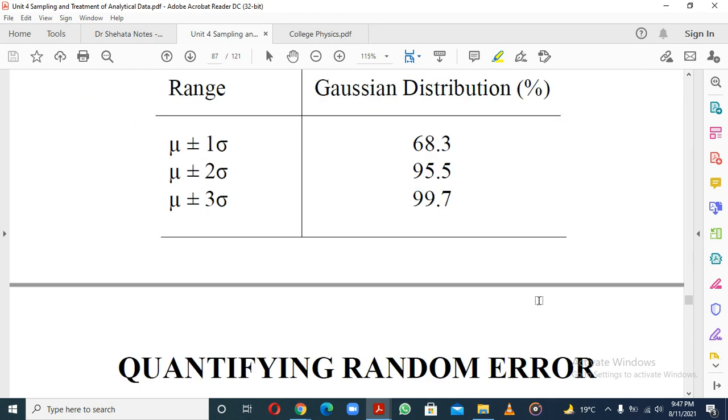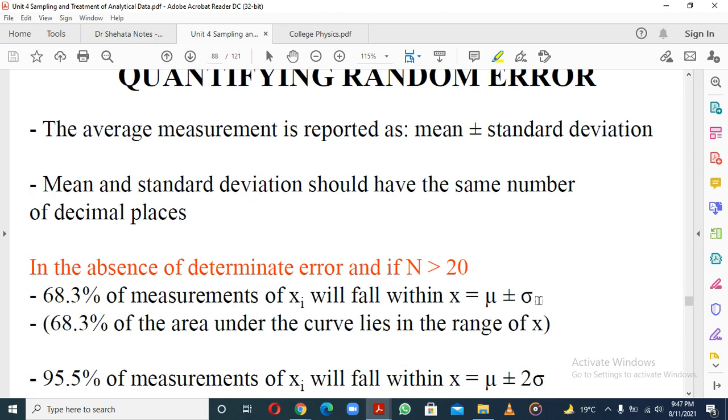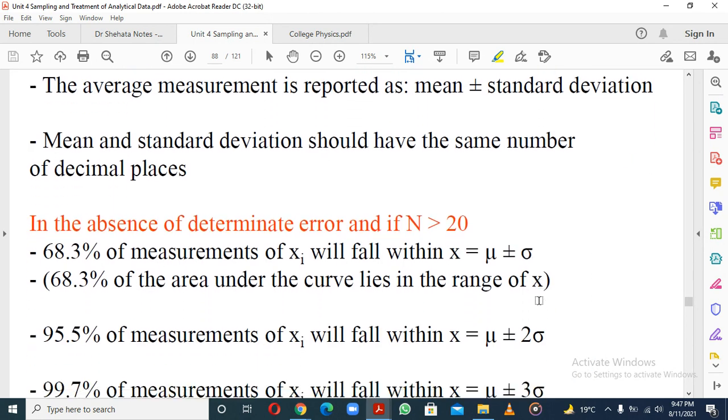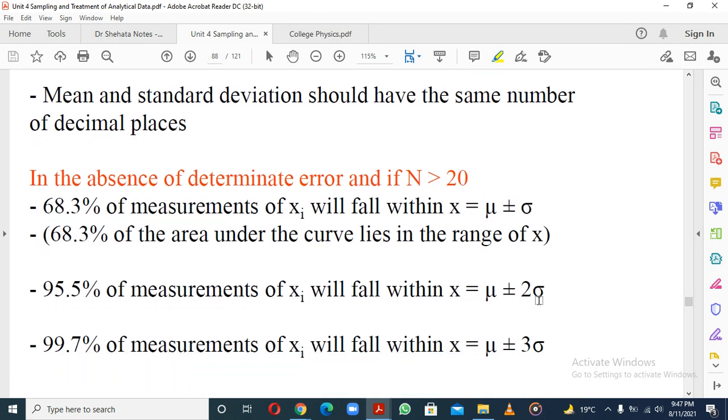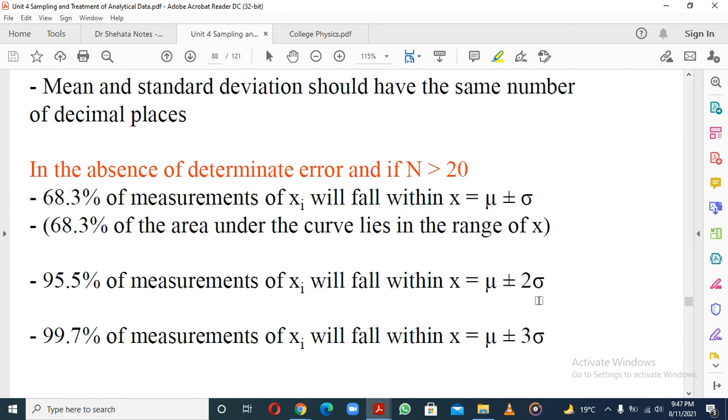Okay, so we know that of course the average measurement is reported as mean plus minus standard deviation. We've explained that. It's important that the mean and standard deviation have the same number of decimal places, okay? So that there is no ambiguity in the values that you are looking at.